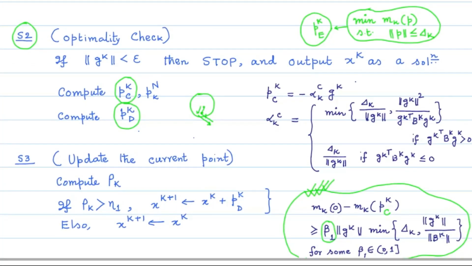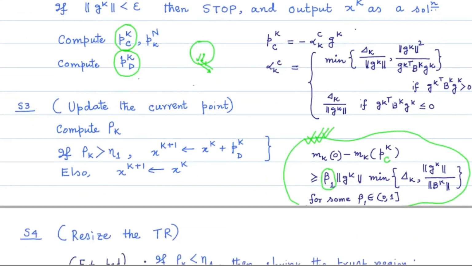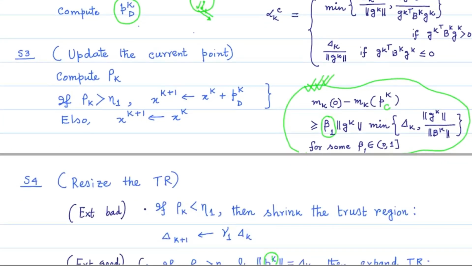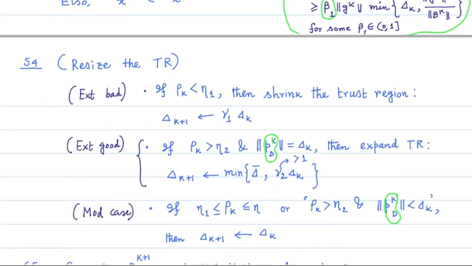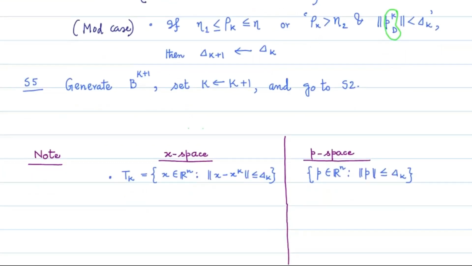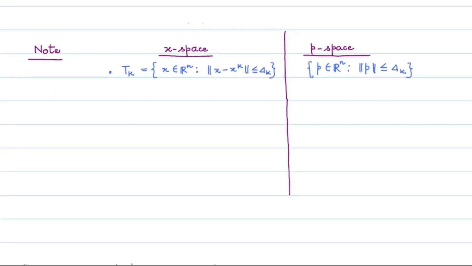Before moving to the numerical example, let me mention afresh the terms that we have used so far in the description of trust region methods in the X space and in the P space. We notice that the X space is the space of original variables, original argument variable of the objective function f, and P space was defined by the transformation p equals x minus xk.